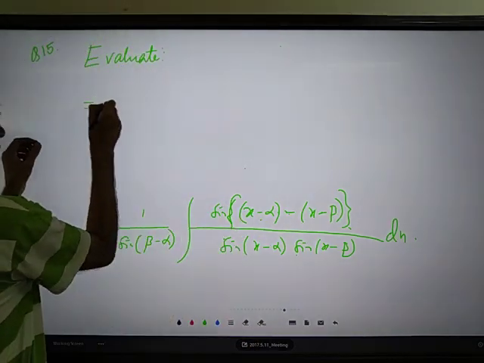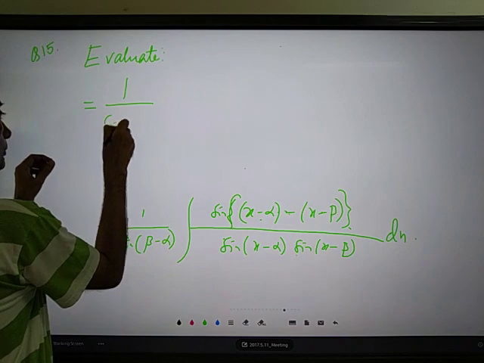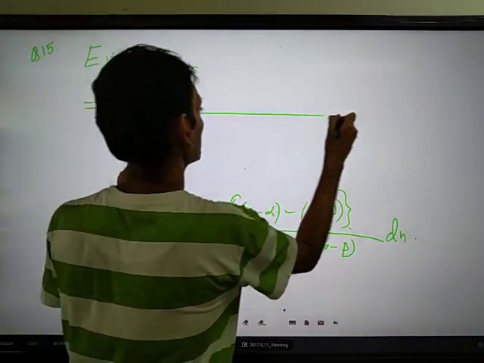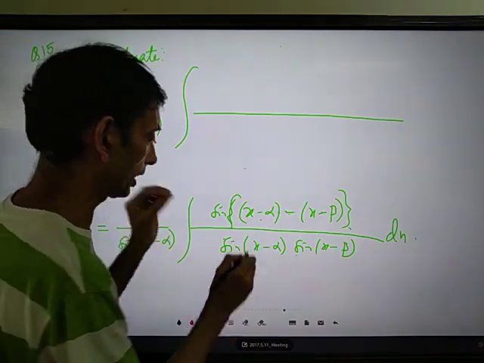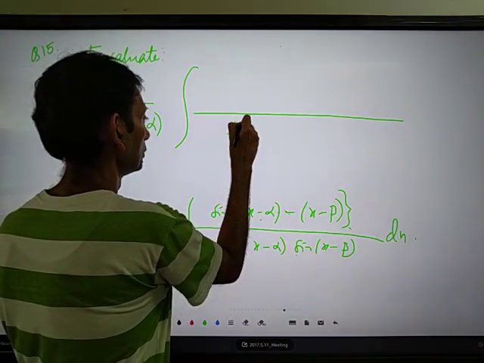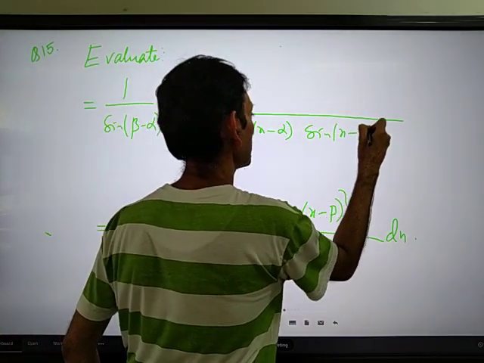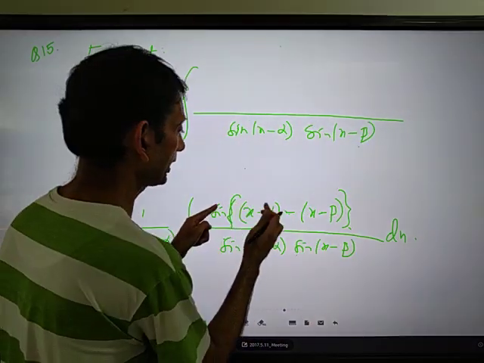So just 1 by sin(beta minus alpha). Then the denominator, we're not going to do anything with right now. It will be sin(x minus alpha) sin(x minus beta). Fine. We'll write the sin A minus B formula.